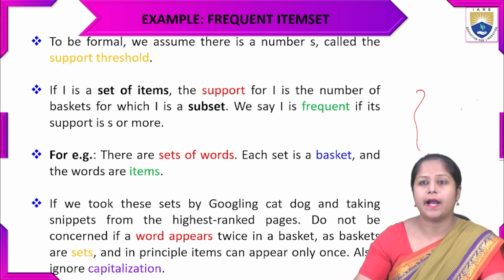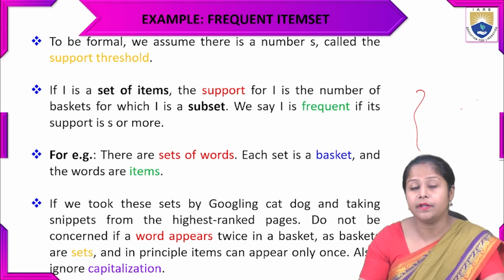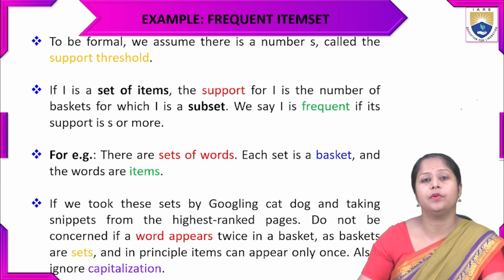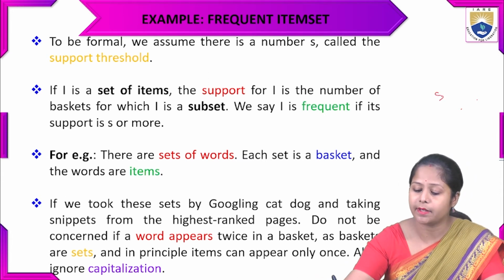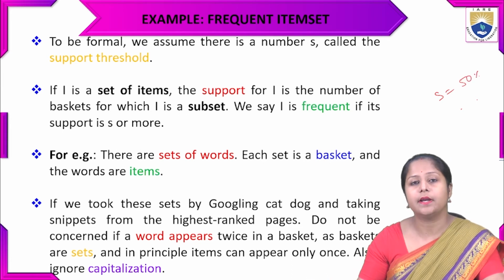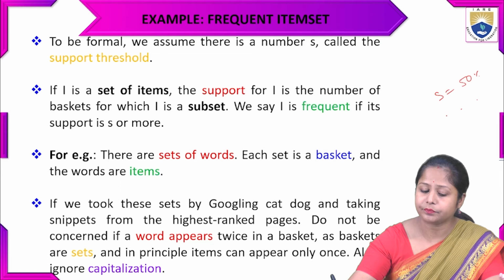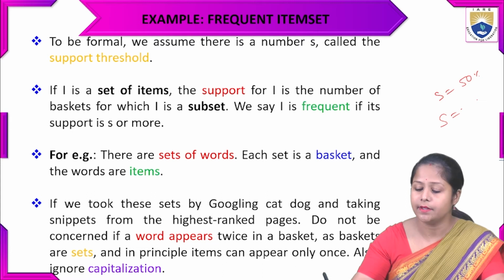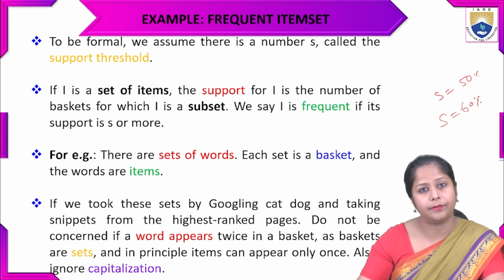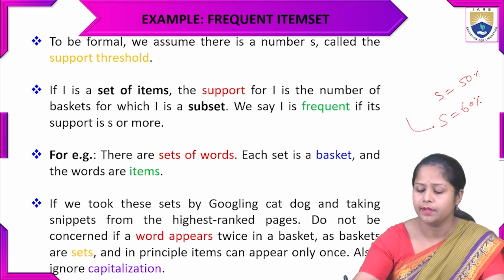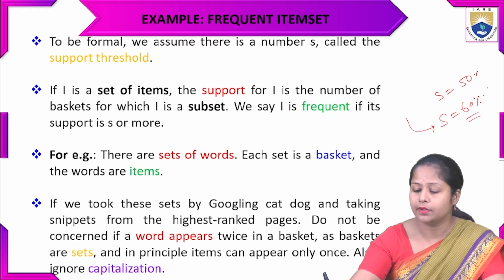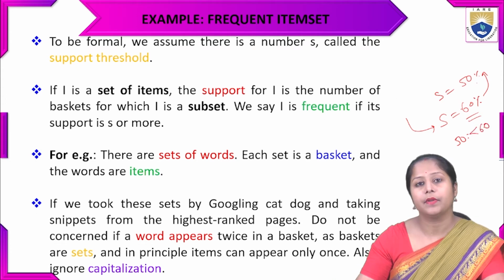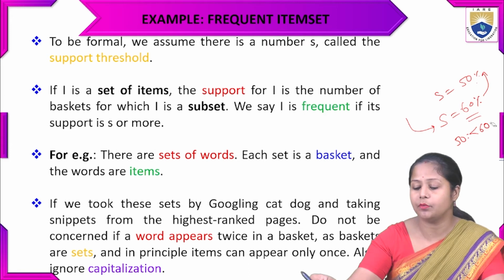So we can say that I is frequent when the support is above the threshold we have set. If we have set the support as 50%, and we calculate the support from the transactions and it comes to 60%, that is more than 50.